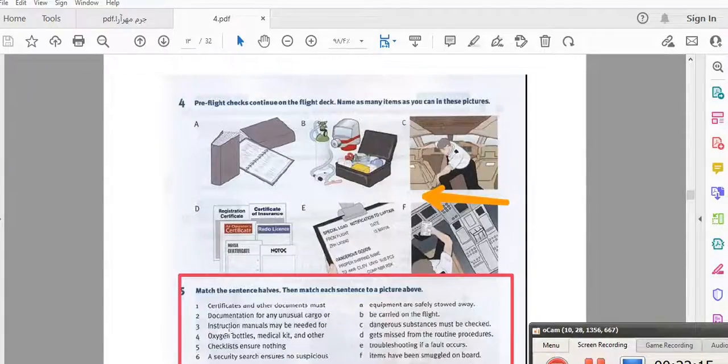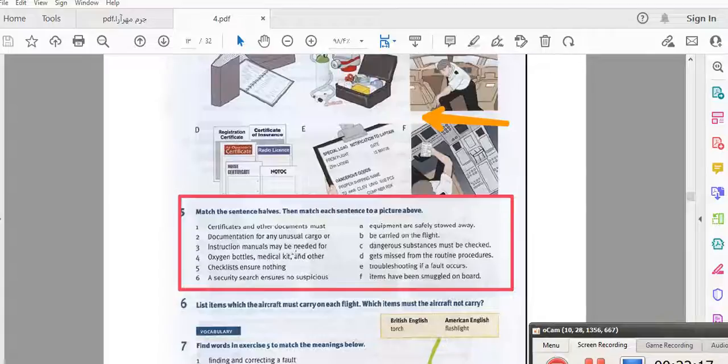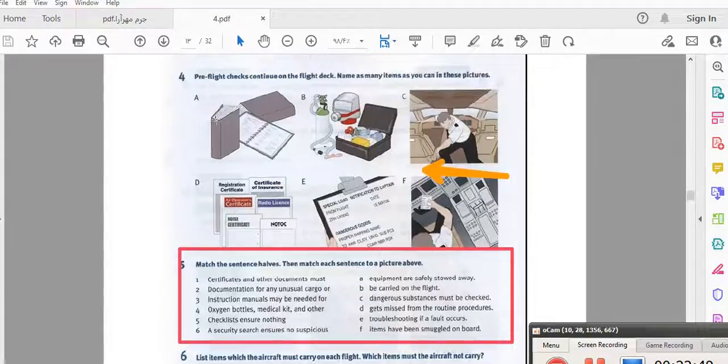Then we have number 3. Instruction manuals may be needed for troubleshooting if a fault occurs. It's really important. Troubleshooting means finding and correcting the trouble. Take a look at this part. Why should we have the instructions?